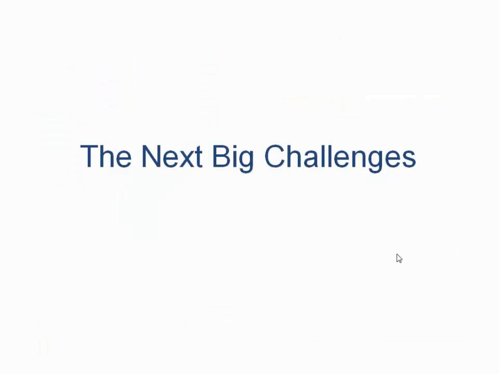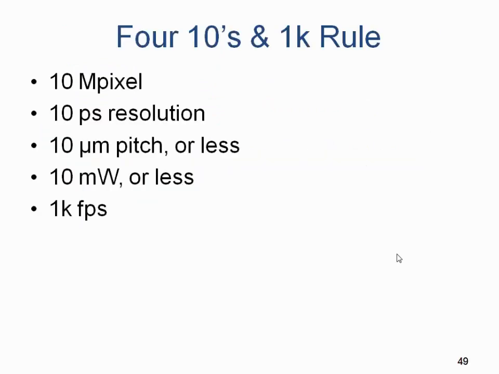So I'd like to conclude the talk by presenting maybe a few challenges. I'd like to summarize this in a four tens and 1K rule. Essentially, I think that we're certainly going to get to 1 or 10 megapixels at some point. We're certainly going to have a 10 picosecond resolution, a 10 micrometer pitch or less, and 10 milliwatts or less in terms of power of the device.